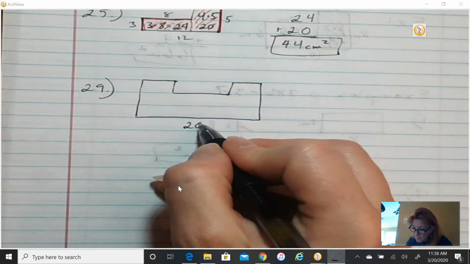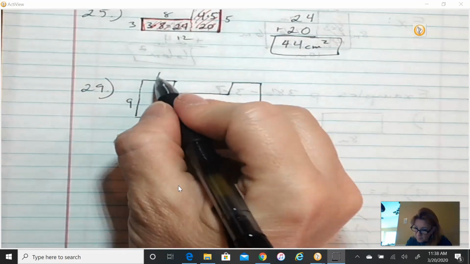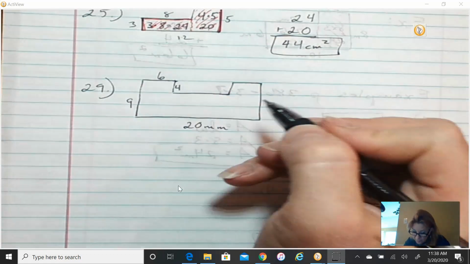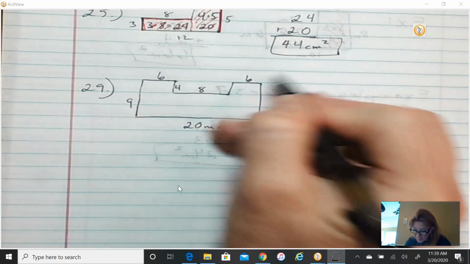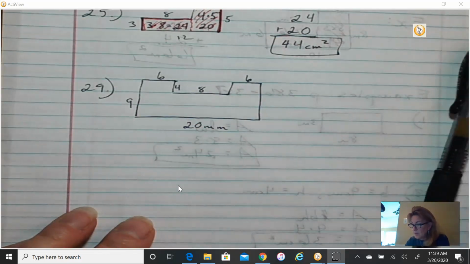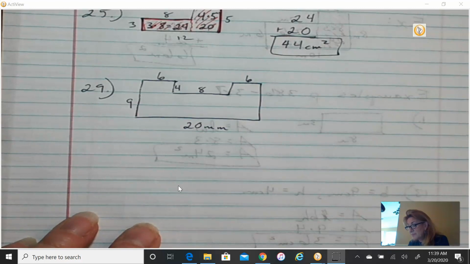I have 20 millimeters, 9, I'll write the labels later, 6. This line right here is 4. This whole thing is 8, 6, and then that's it. Okay? So, we've got to ask ourselves, how are we going to do this?